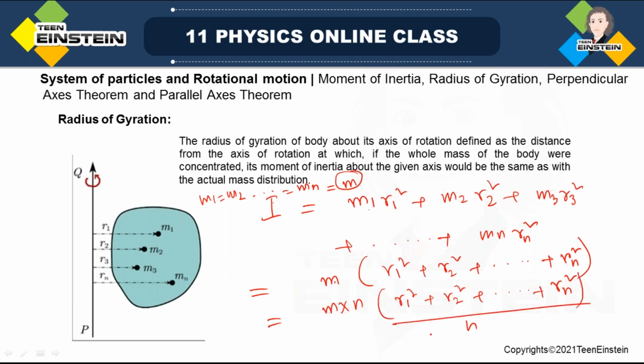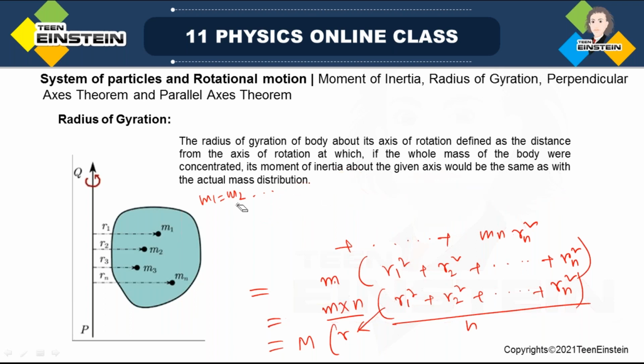This n will cancel out, so the equation will not change in dimension or magnitude. Since n particles are there of mass m, m into n is the total mass. Look here, this part is remaining the same. I'm not writing it because of the space crisis, so I'll just write here.